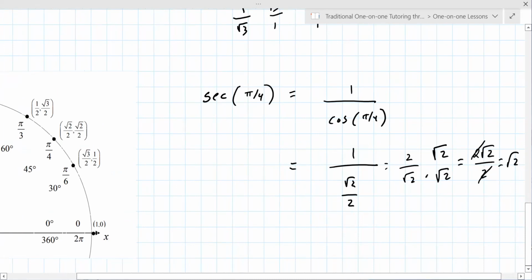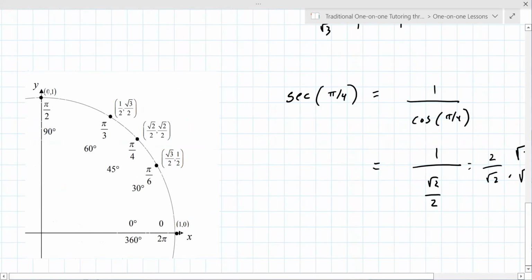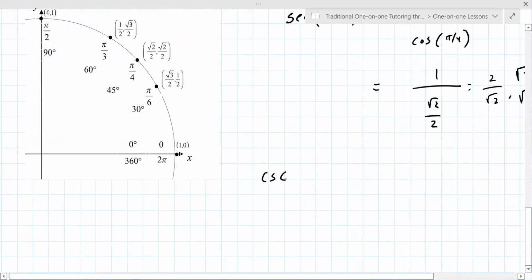There are 3 reciprocal functions that we have to look at. The last one is cosecant. So we'll do cosecant of pi over 3. Cosecant of pi over 3 is 1 over the sine of pi over 3.